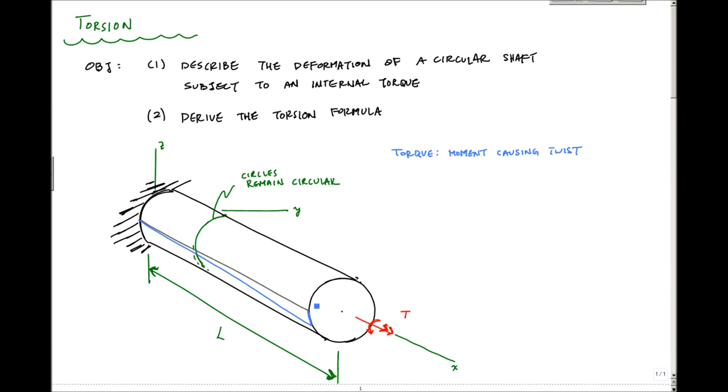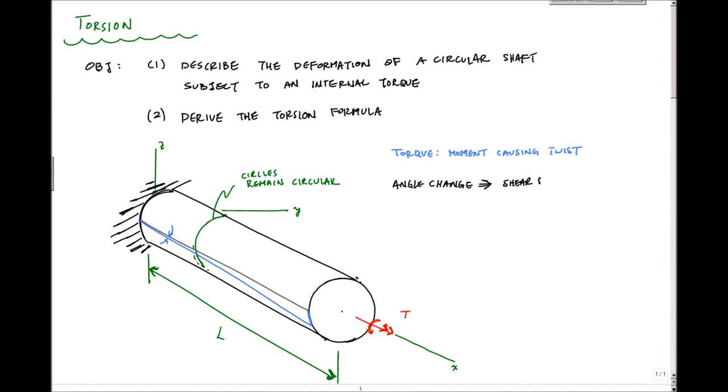And as you can imagine, because we have a small deformation assumption, the deformation that we would look at or measure is this angle change right here. And as you may have noticed from the strain videos, an angle change is associated with, ding, ding, ding, shear strain.